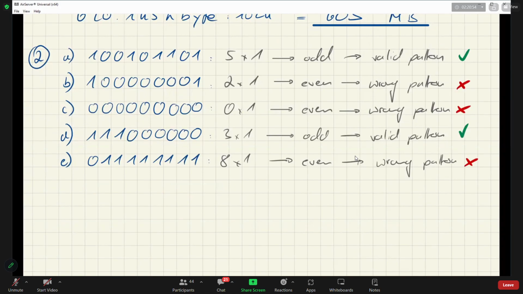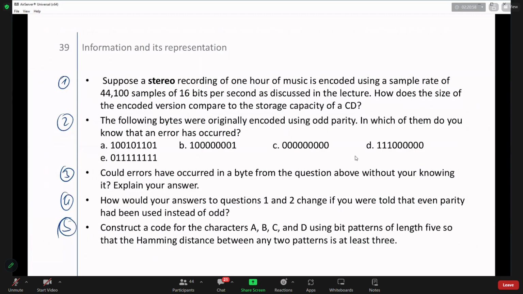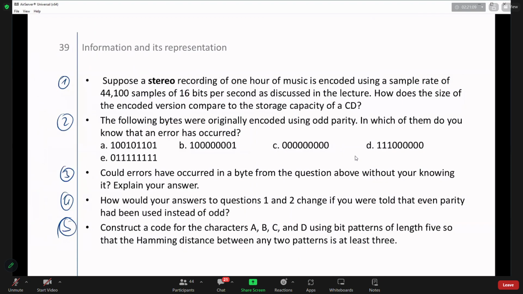Okay. Then let's look at the next question. Could errors have occurred in a byte from the question above without your knowing it? So, is it possible that you may interpret a pattern as correct even if it is not? Yes.